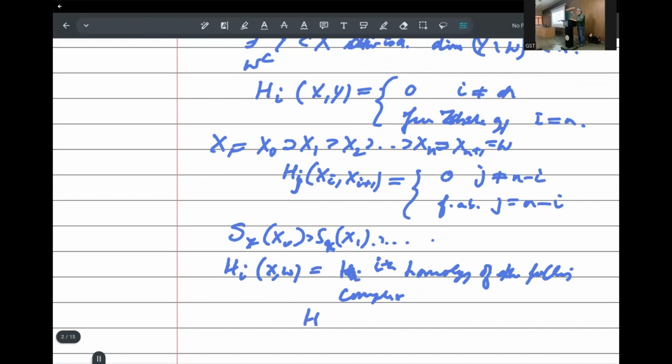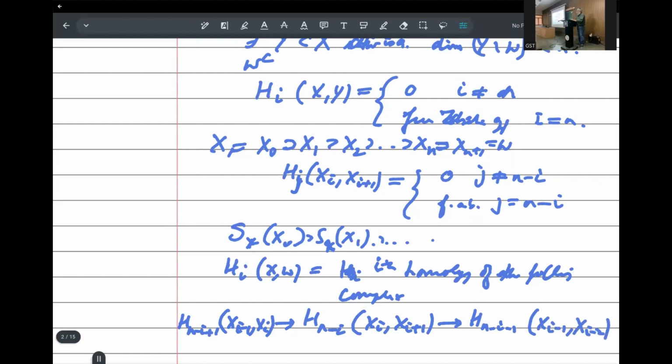Here you have H^(n-i) of (Xi, Xi+1), and you will get a map to H^(n-i+1) of the next one. The boundary maps in each case, from Xi-1 to Xi: the boundary map in homology will go for each triple, so you get these maps, H^(n-i-1) going to H^(n-i) and so on. All these are the boundary maps.